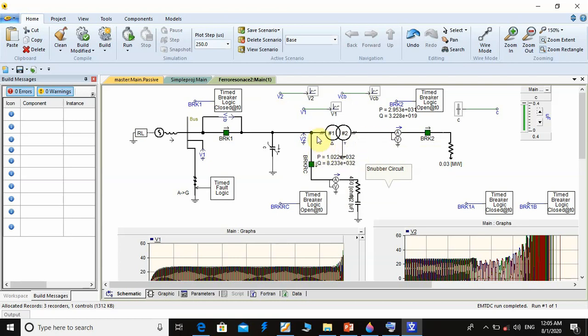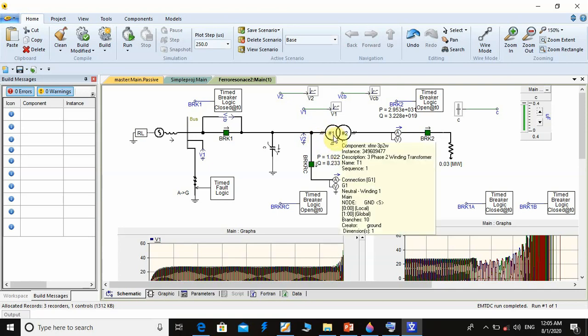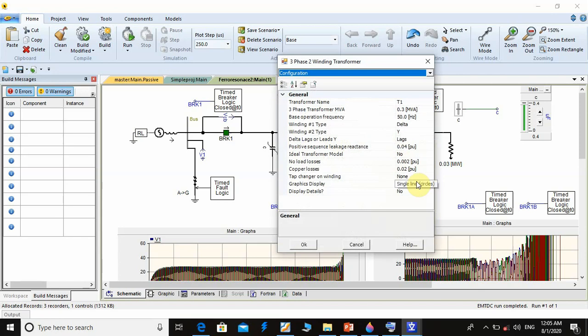As we know, the resistance damps the oscillation. The resistance is damping the oscillation, especially if this transformer has more no-load losses.